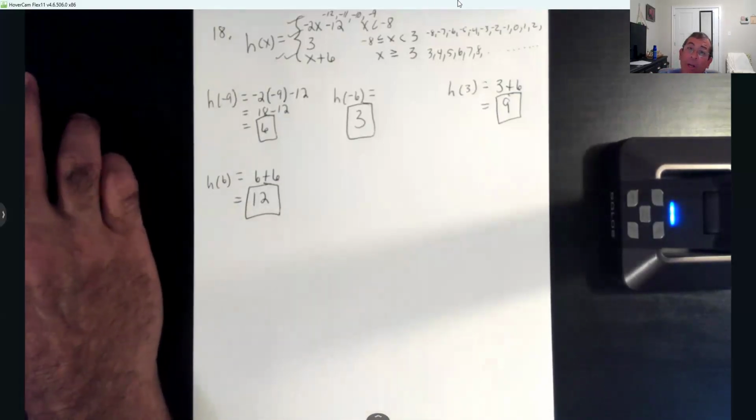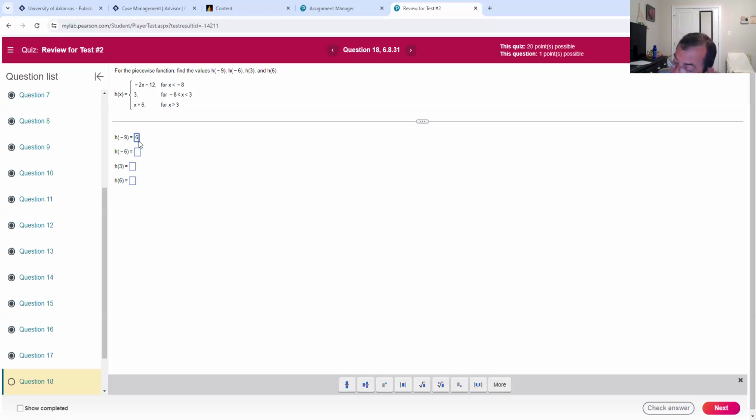So that's the trick on 18, just keeping squared away with those. So I had a 6, 3, 9, and a 12. So you put in all 4 of those numbers and hit next.